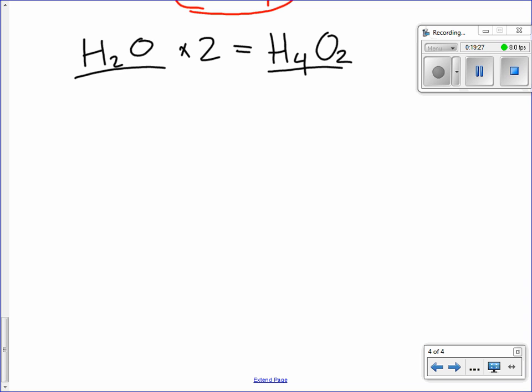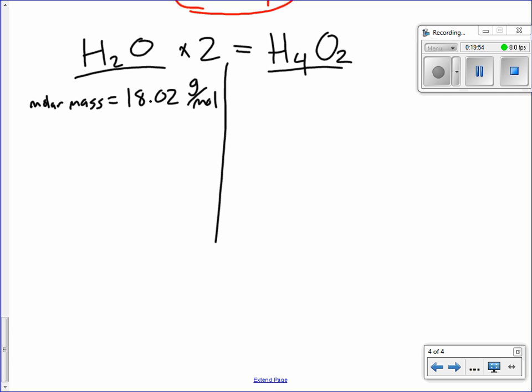Just double that formula. So, we calculated earlier, water has a molar mass of 18.02 AMU, or grams per mole, I'm sorry, we're doing molar mass. 18.02 grams per mole. So, if I ask you, what do you think the molar mass of H4O2 is?